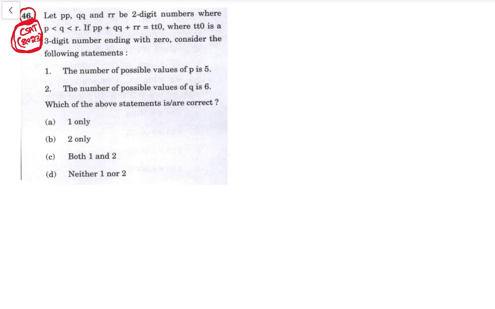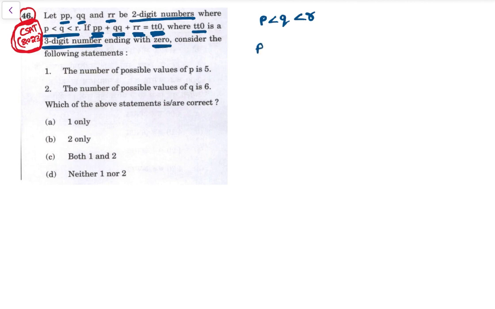So the question is: let PP, QQ and RR be two-digit numbers where P is less than Q is less than R. If PP plus QQ plus RR is equal to TT0, where TT0 is a 3-digit number ending with 0.